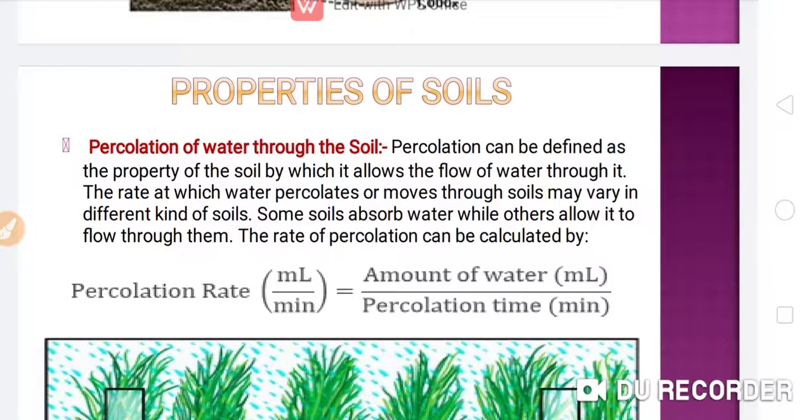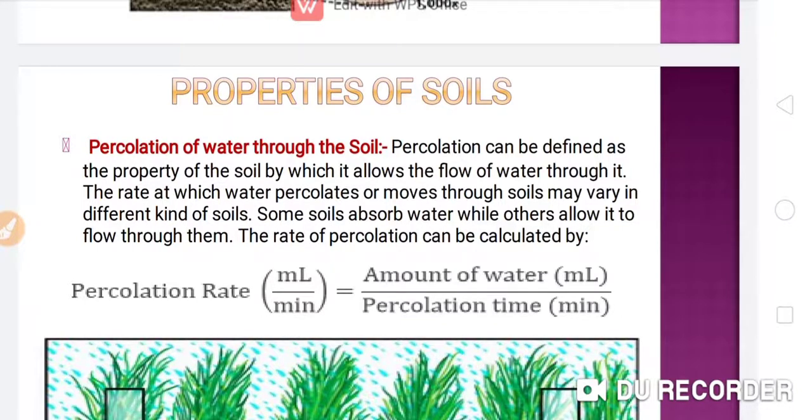The rate at which water percolates or moves through soil may vary in different kinds of soils. Some soils absorb water while others allow it to flow through them.